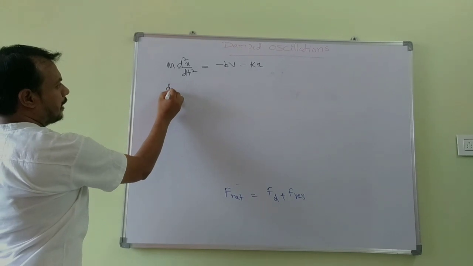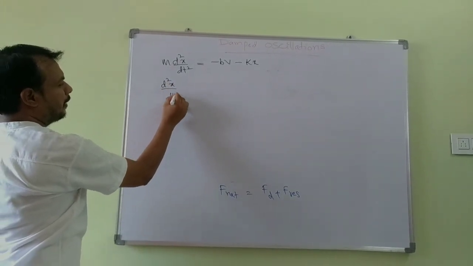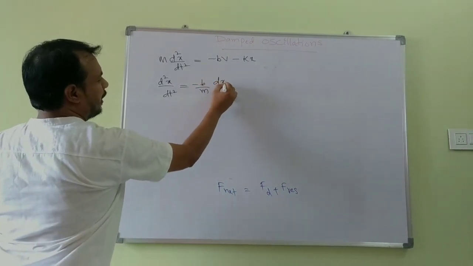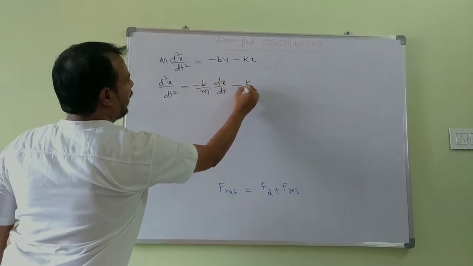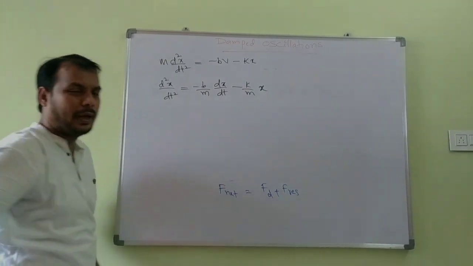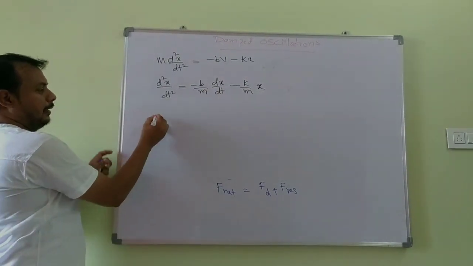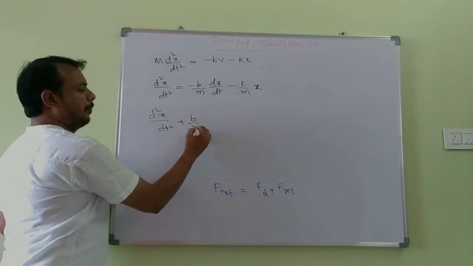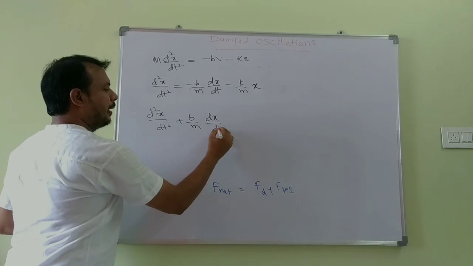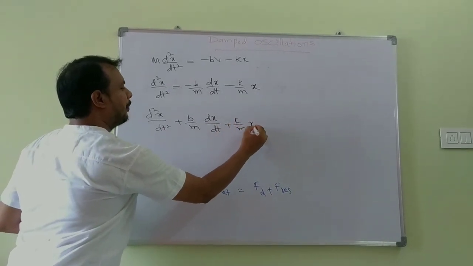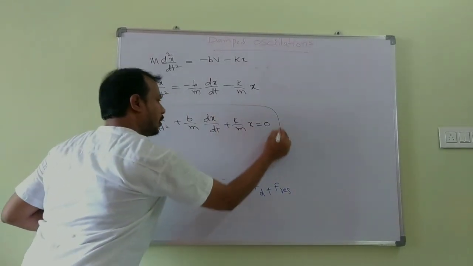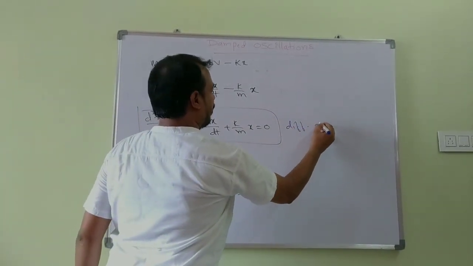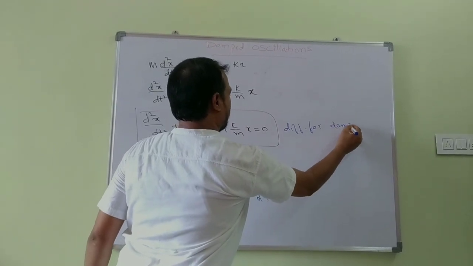Dividing by m on both sides, d square x by dt square equals minus b by m times velocity, which is dx by dt, minus k by m into x. Now bring this to one side: d square x by dt square plus b by m dx by dt plus k by m into x equals 0. So this is the differential equation for damped oscillations.